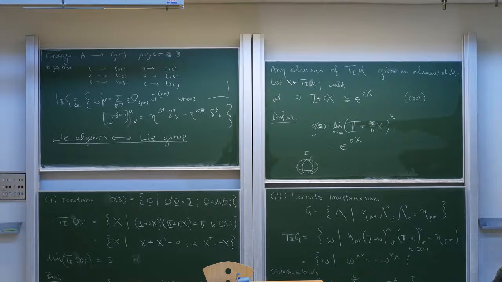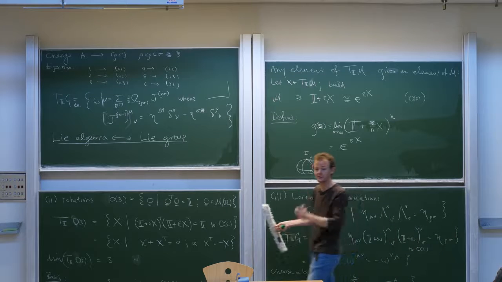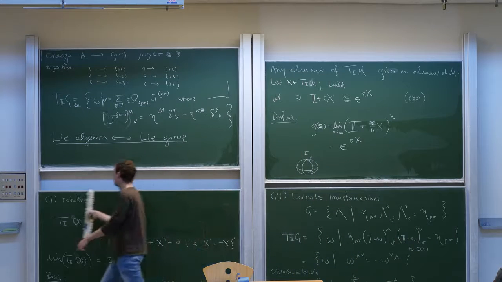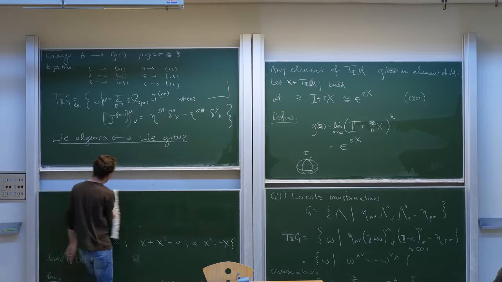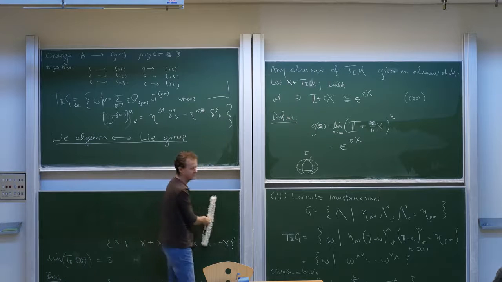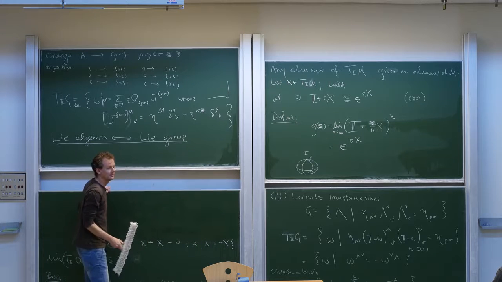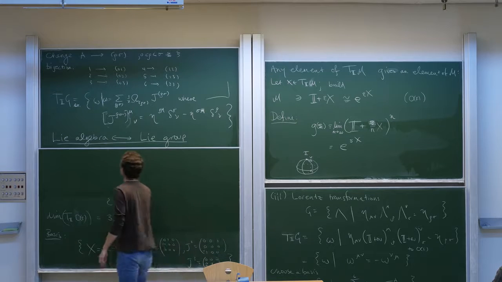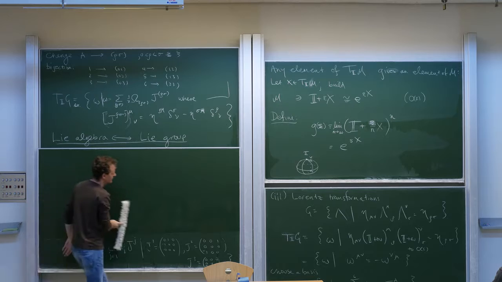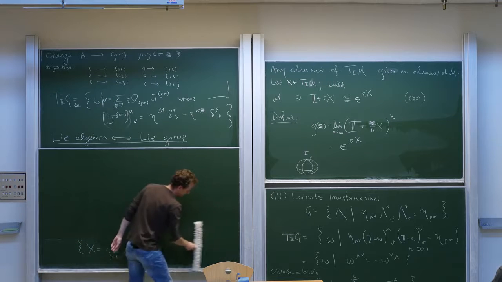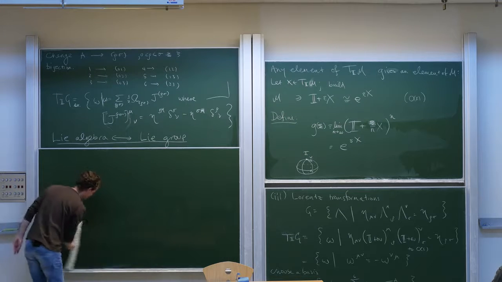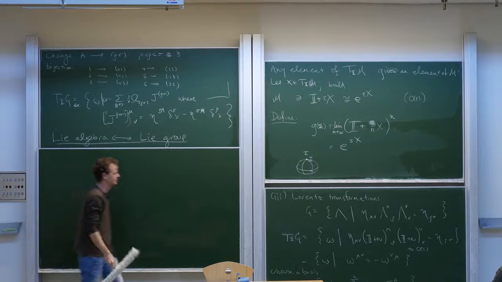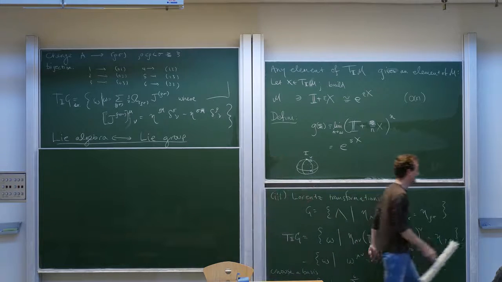For sufficiently nice Lie groups that are connected, you can go backwards, right? You take every element of the group, and by taking a logarithm, it gives you an element of the tangent space at the identity. And that element is what you need to exponentiate to get back to where you came from.